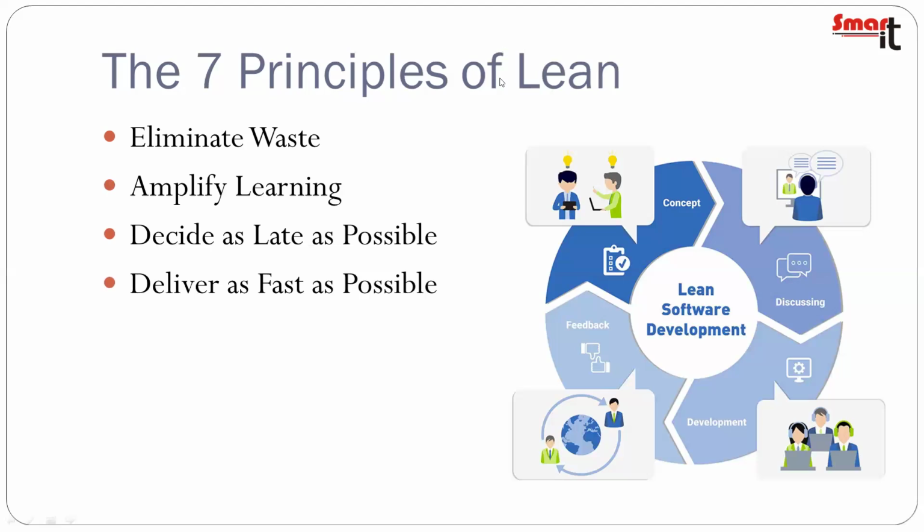And deliver as fast as possible. When you come to delivering something, try to give it early, as fast as possible. When you are doing software development in the agile manner, you are giving the software in iterations. Within this week you give one release, and after 2 or 3 days, you give some part of the software as the next iteration, delivering like that.